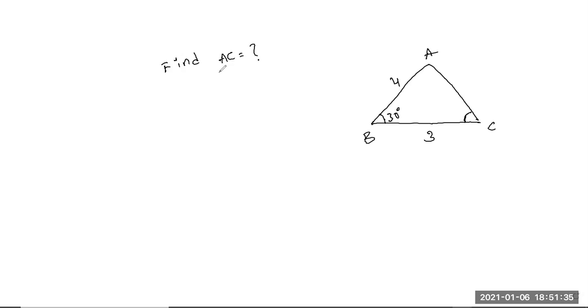Here you use cosine rule. AC square is equal to 3 square plus 4 square minus 2 into 3 cos 30.